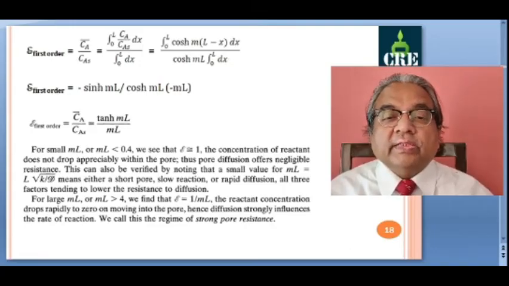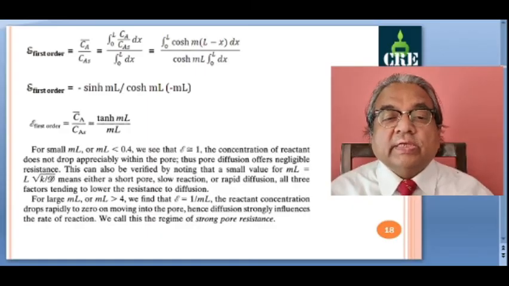If we integrate this, it is sinh into 1 upon the derivative of this, so minus sign here, minus sinh m(L minus x). When you substitute x equal to L, this is 0, since sinh 0 is 0.